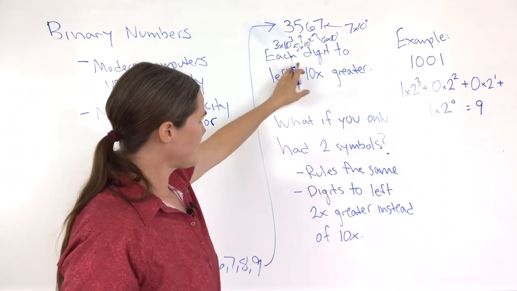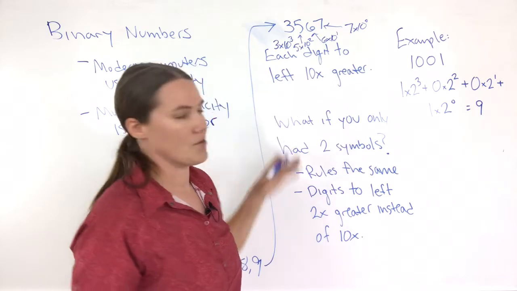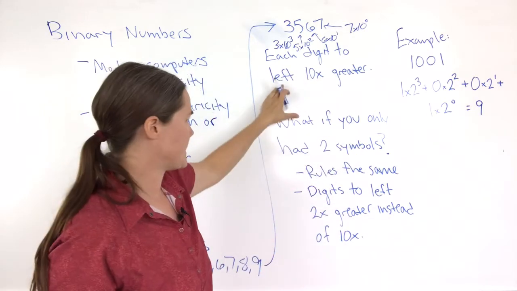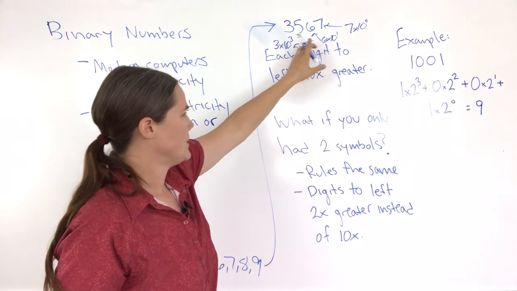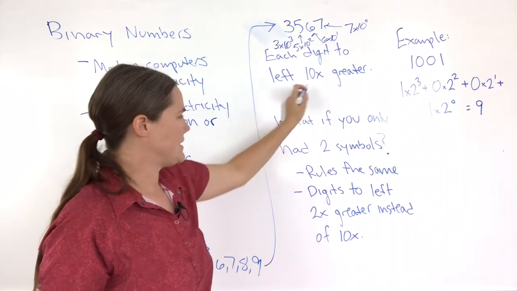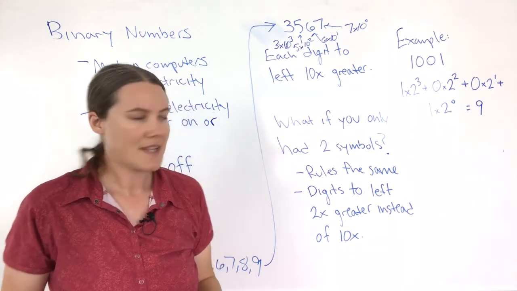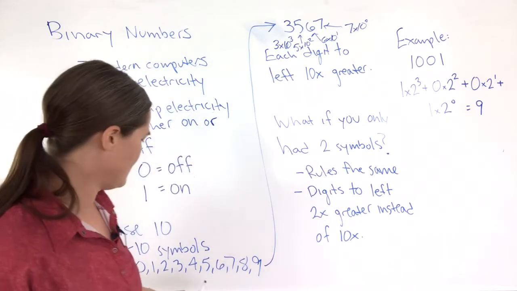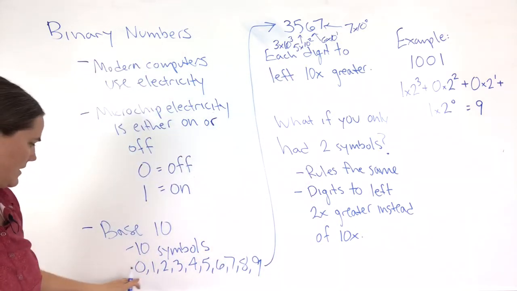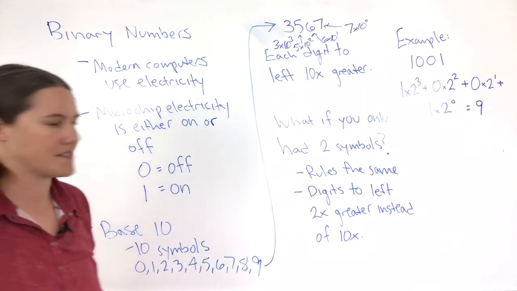So the important thing to recognize with this decimal system is that as you move to the left, each digit is 10 times greater than the previous digit. So this is how this is done with 10 symbols, or base 10 system.